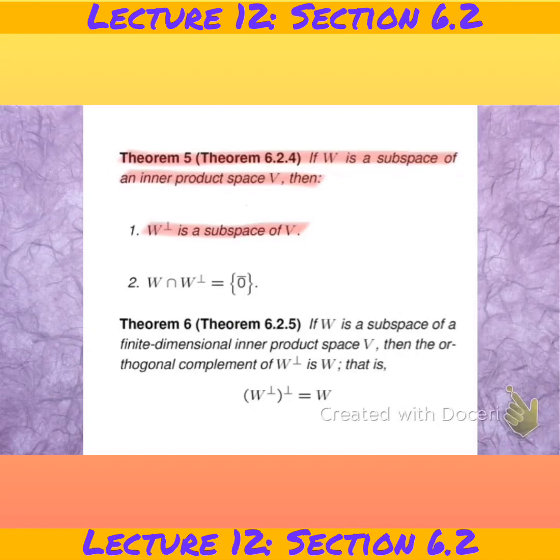Okay, now the next property is the one that says the intersection of W with its orthogonal complement is the zero vector.